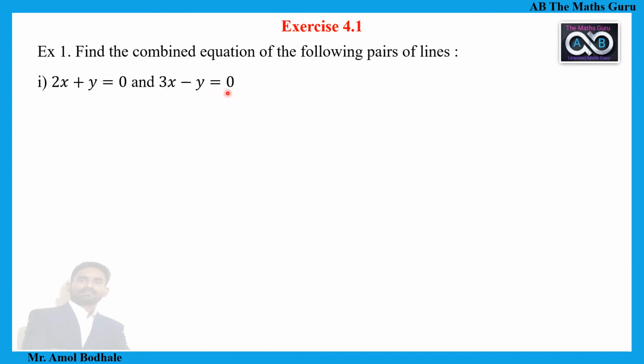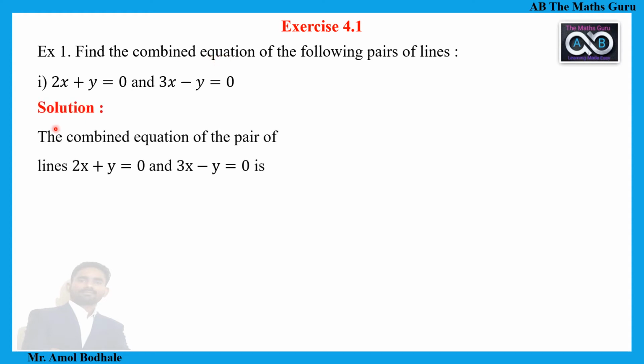Here we are given the equations of two lines and we have to find their combined equation. The combined equation is simply their product, that is, 2x plus y into 3x minus y equal to 0.